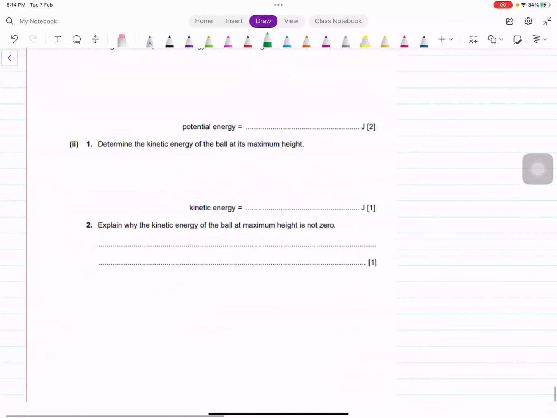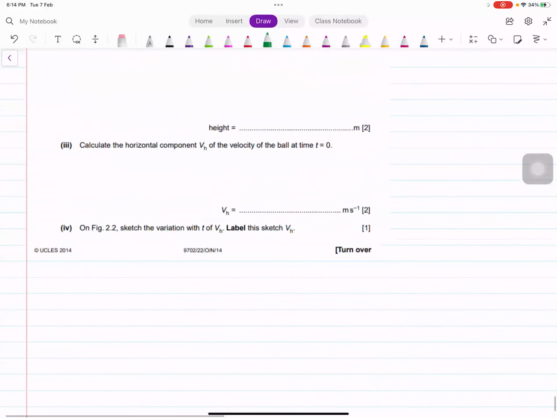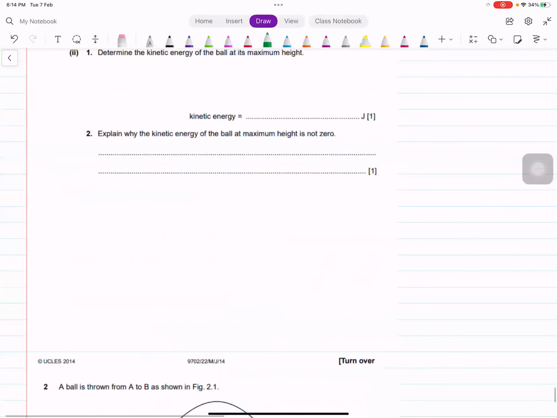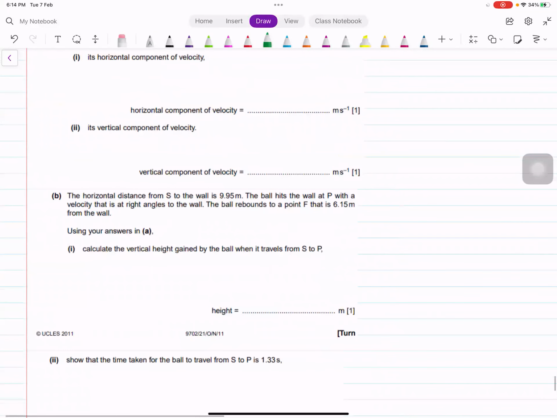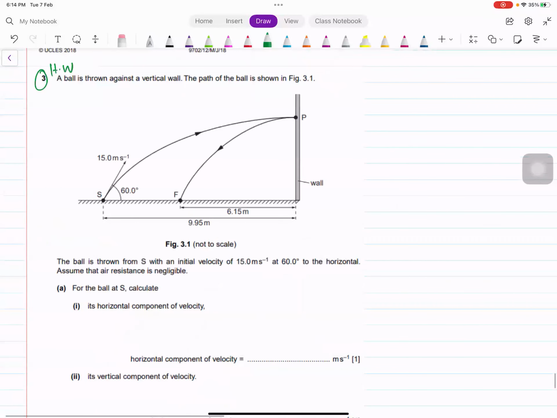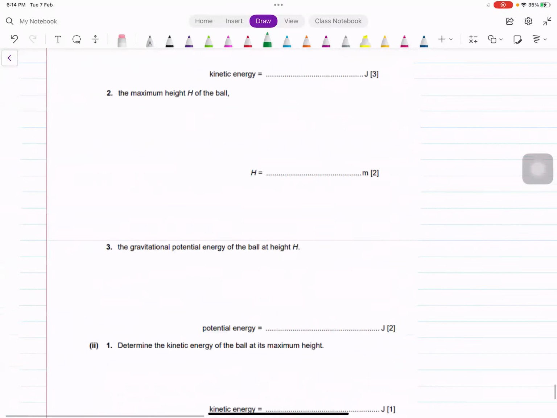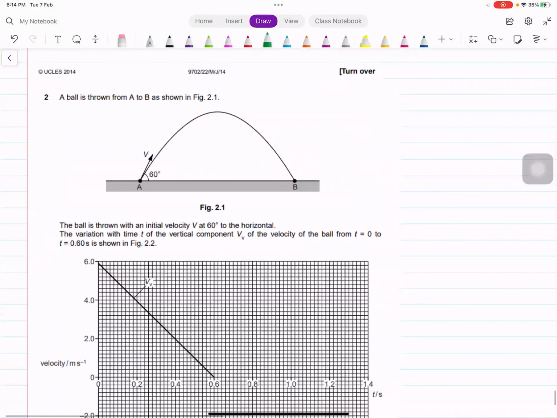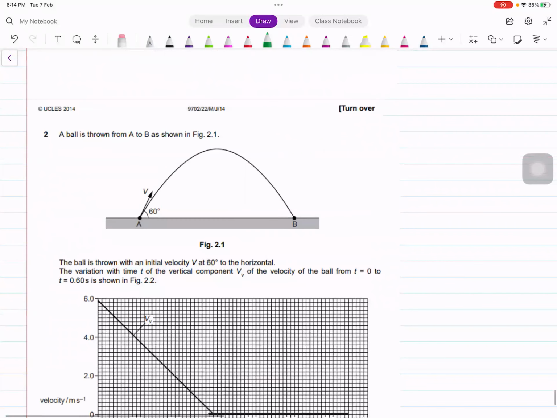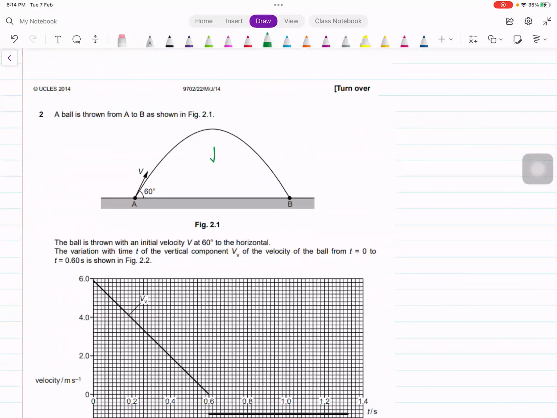By the way, the rest of the questions you guys can do as homework. I just wanted to draw the graph of the last one. Because the acceleration due to gravity is constant and the vertical velocity is basically v sin theta, initially it is maximum and it reaches zero at this point.